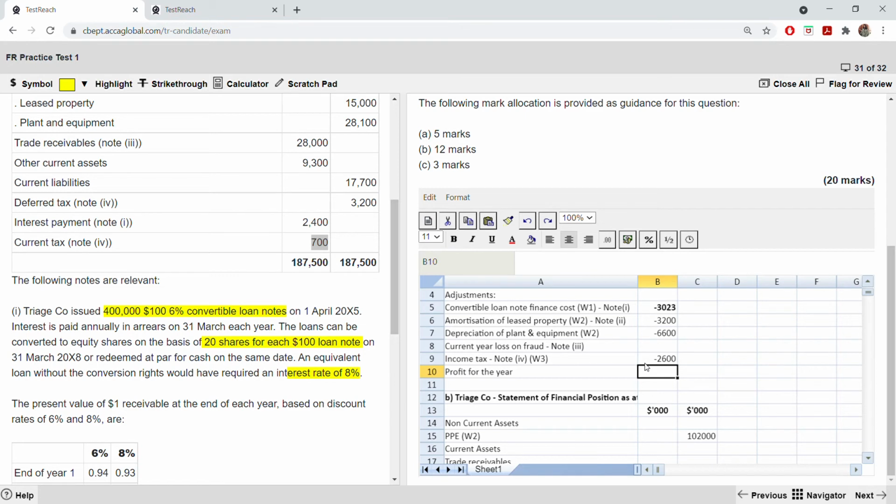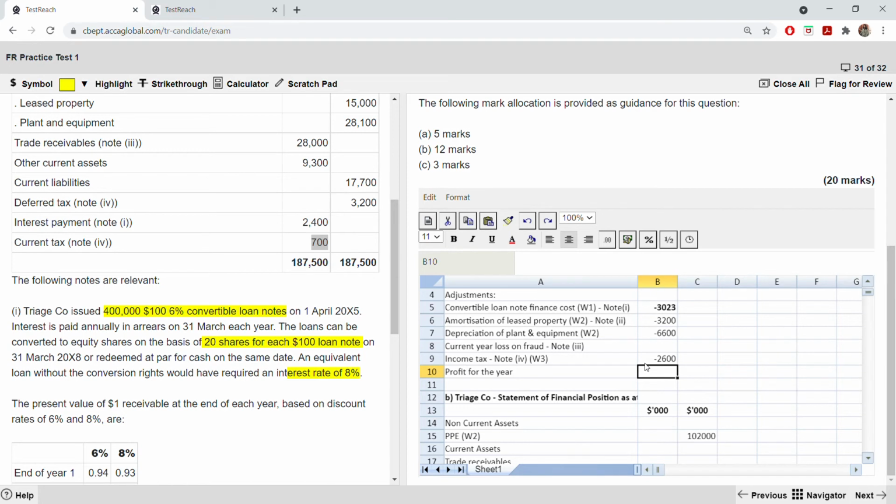Now where else do you want it to change? Retained earnings, don't worry about it, we have a separate working for that, that will be in working 4. But now the deferred tax component, you can add current tax and deferred tax.